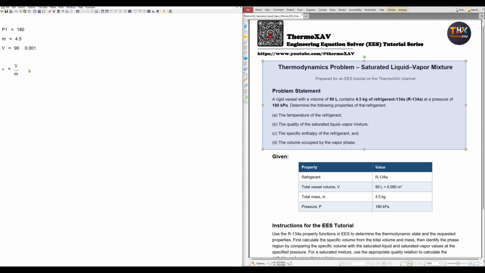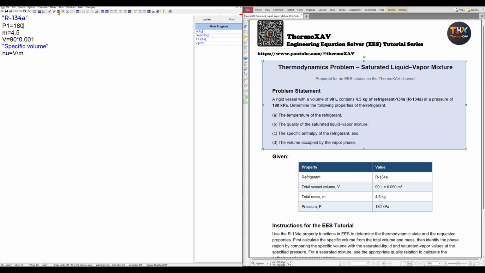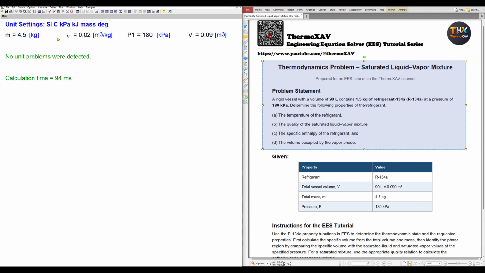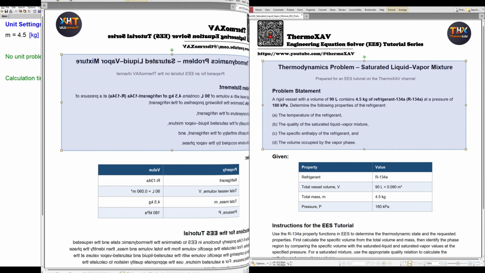We have another video on this channel where you can see all these Greek letters. Then I can solve this problem, and as you can see, the specific volume for this refrigerant with the given data is roughly 0.02 cubic meters per kilogram.